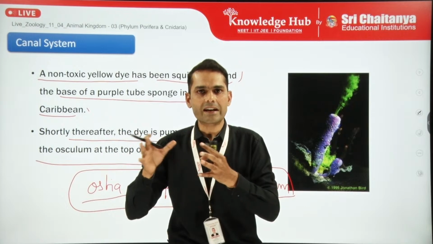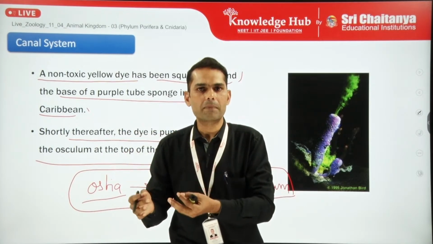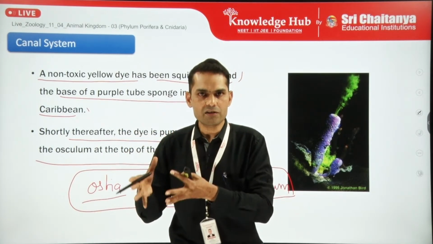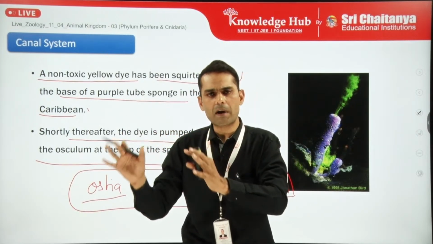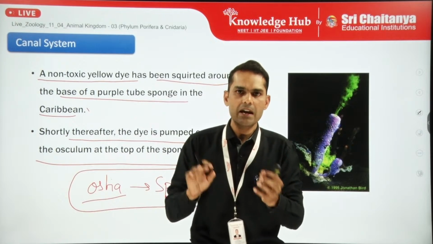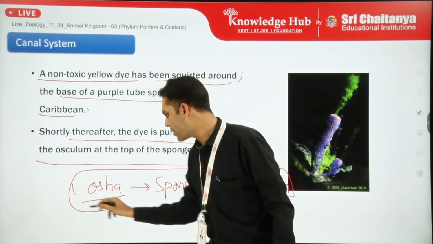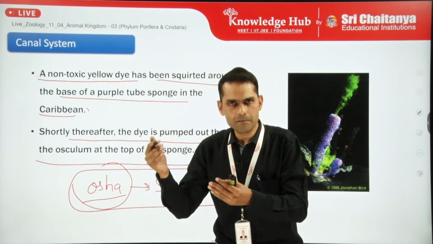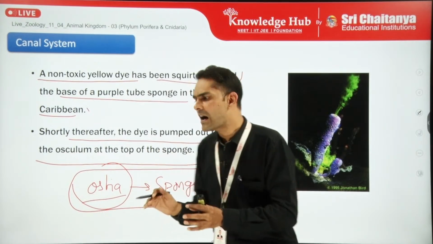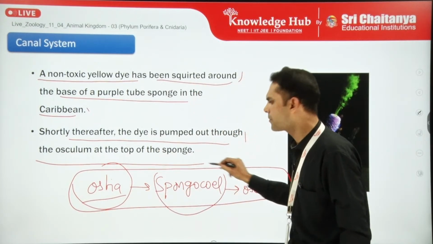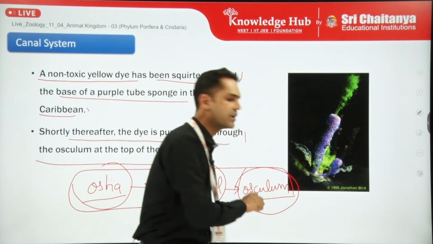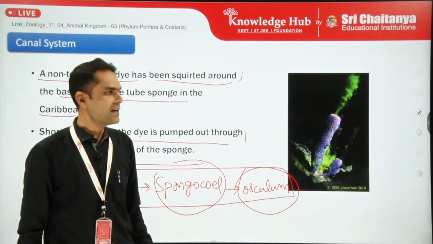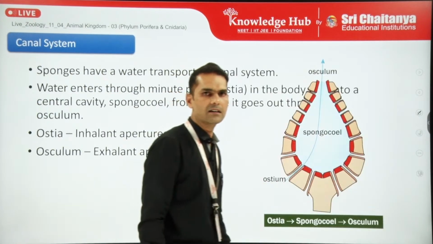So the water canal system gets much more complex and much more branched, but the whole pathway almost remains the same, in which the water enters through the ostia, and in the higher systems it enters into the various canals, ultimately coming to the spongiocoel or paragastric cavity, and ultimately leaving through the osculum or the opening. Okay, so this is the water canal system.